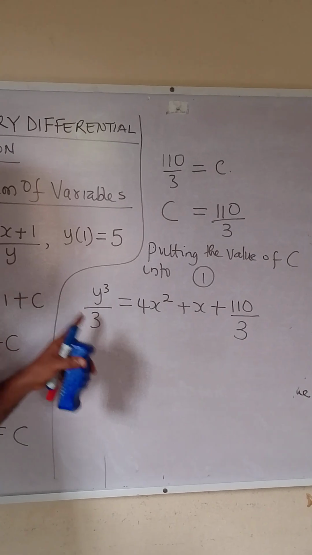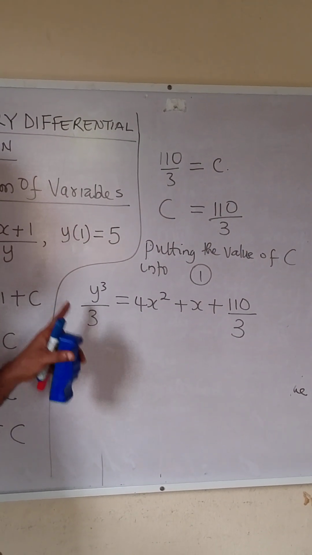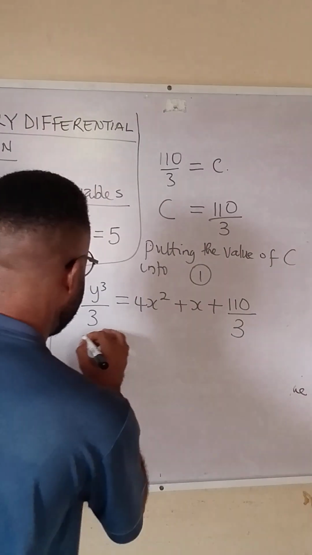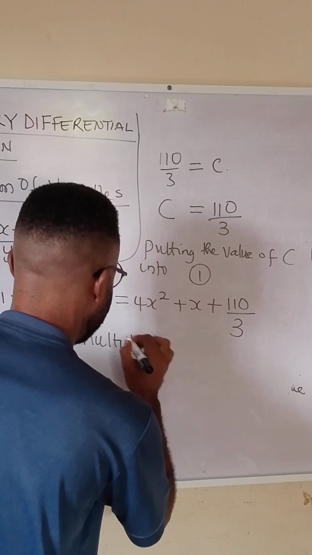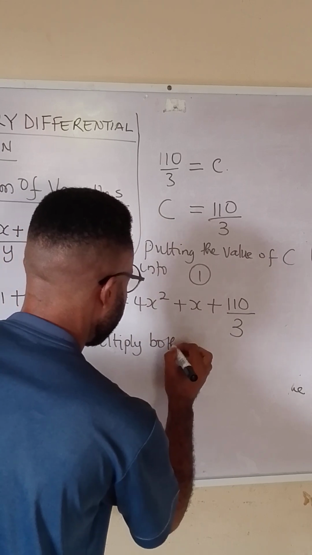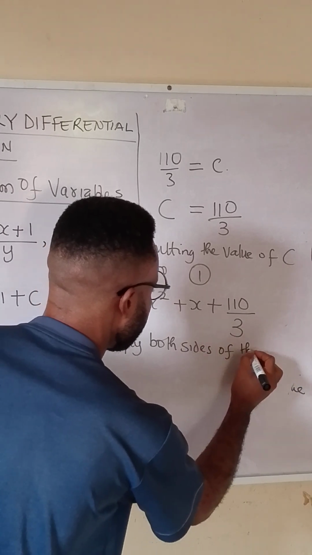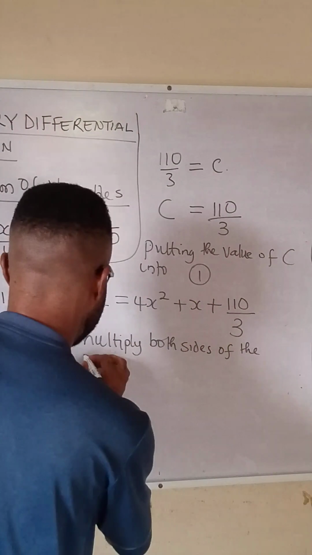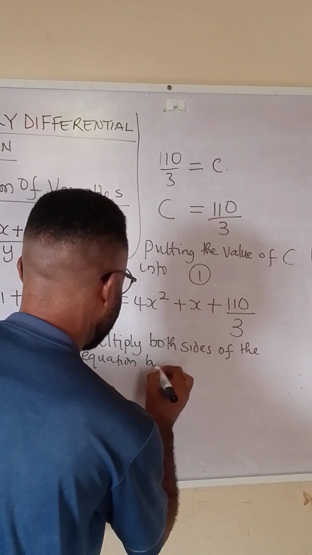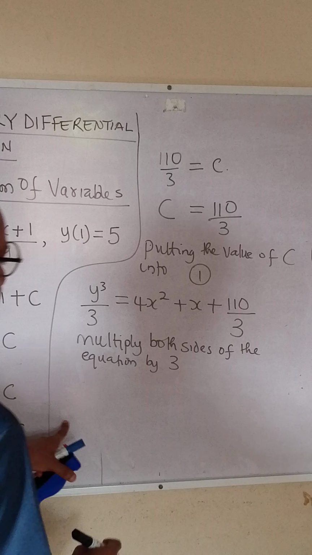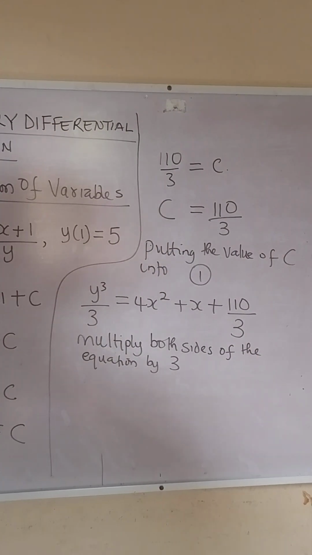So we say multiply both sides of the equation by 3.